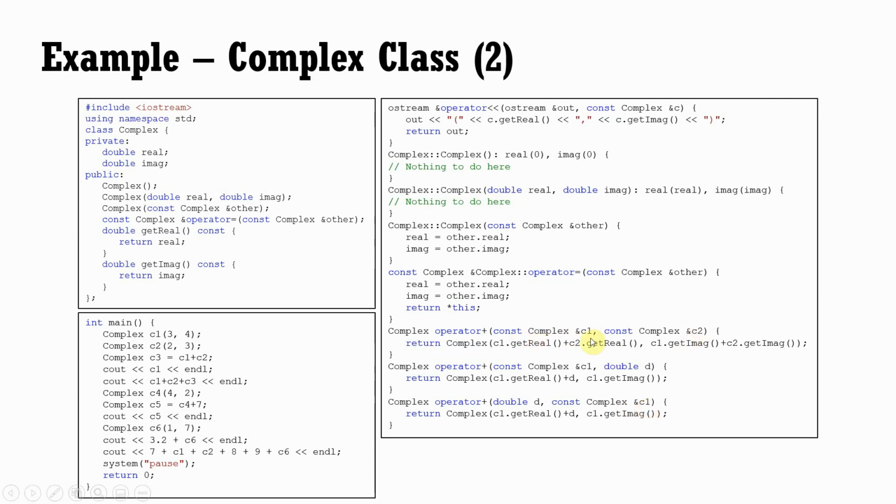This one is on the left hand side, this is on the right hand side. The same thing here. For this one, for example, C4 plus 7, this function is going to be called. But for this one, 3.2 plus C6, it's going to call this one, because 3.2 is on the left and the object is on the right side of the operator.